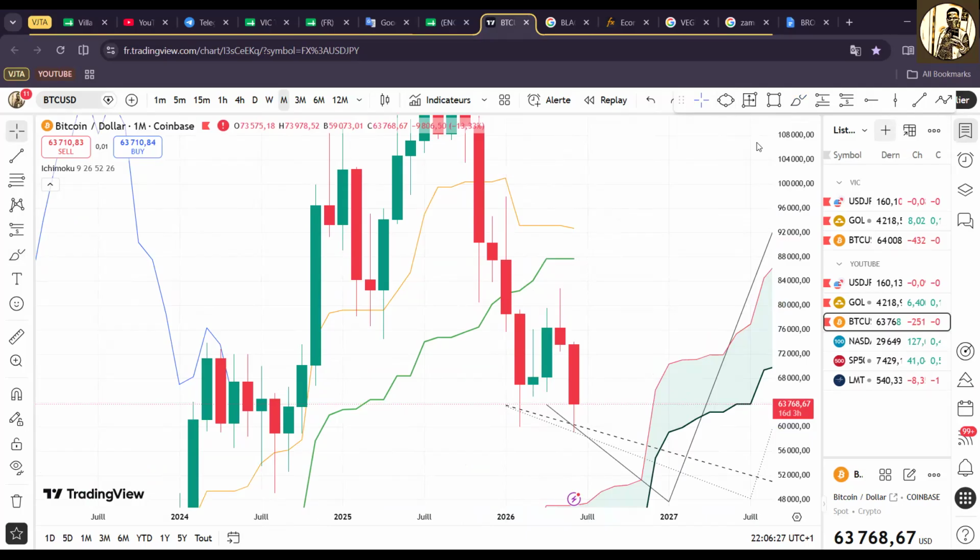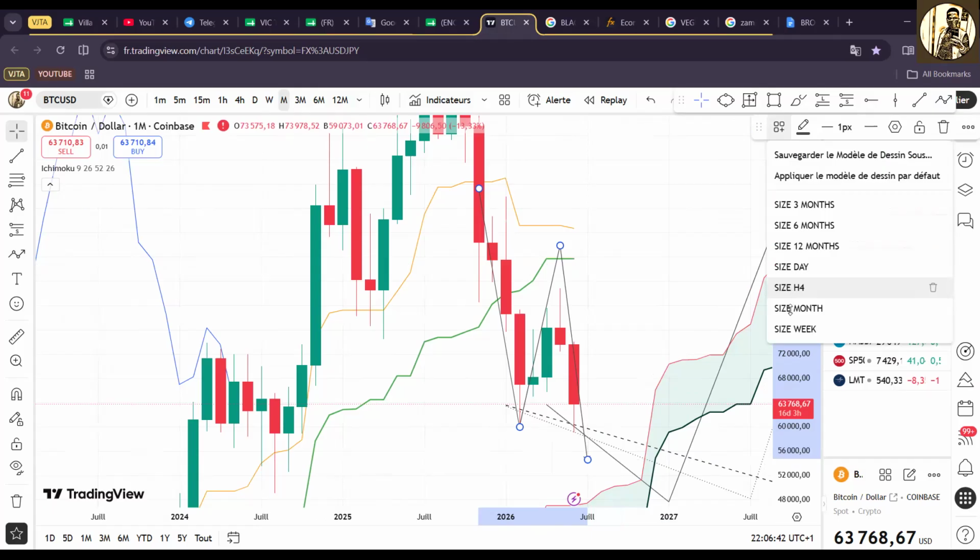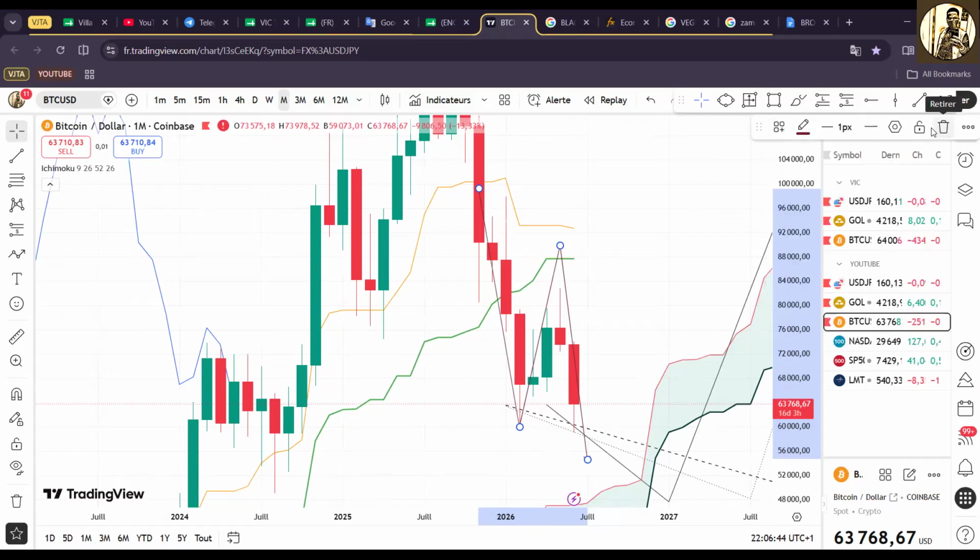The price must actually go down below Kijun like this, then go a little bit above Kijun as usual, and then go back down below Kijun for the second time.